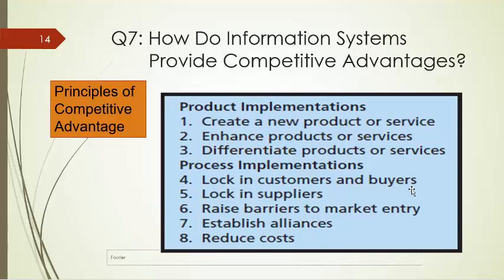So you could link in or give them access to your information systems where they can see how their products are selling in your stores, and then they can use that information to buy inventory for their manufacturing that they're going to be selling to you. And so that makes it really easy for those suppliers to use that information, and they may not get that if they were to go somewhere else. So then they're locked in as well.